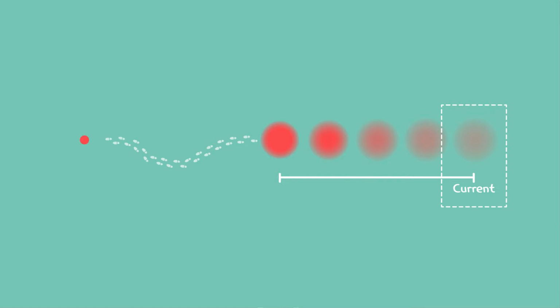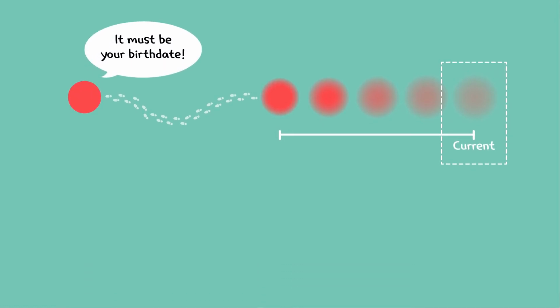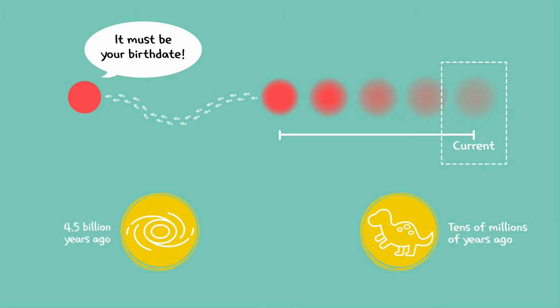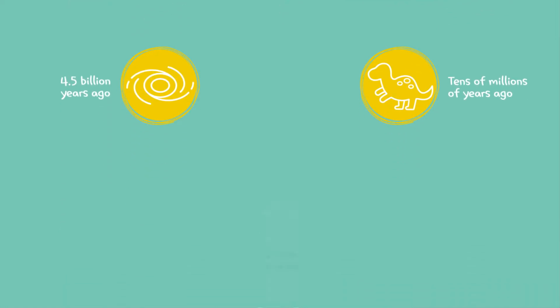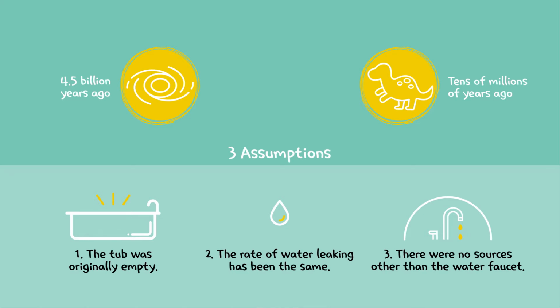It measures how fast it's breaking down and how broken down it is currently to determine when the element first started breaking down. This is how scientists claim things like dinosaurs lived tens of millions of years ago, and the Earth was formed 4.5 billion years ago, with the 3 assumptions believed to be true.